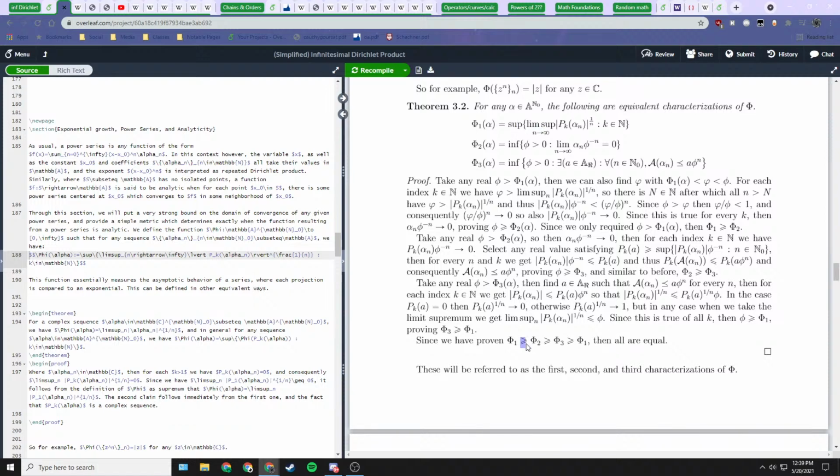By proving all three of these inequalities, we get this circular chain of inequalities, and that lets us conclude that they're all equal.